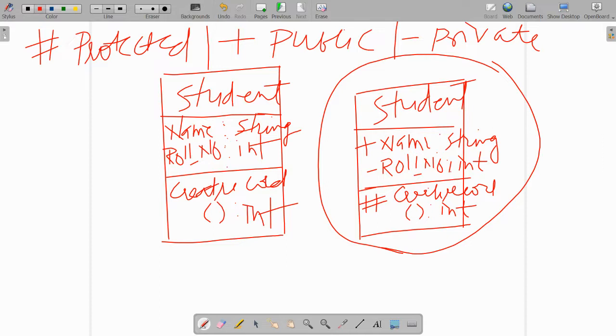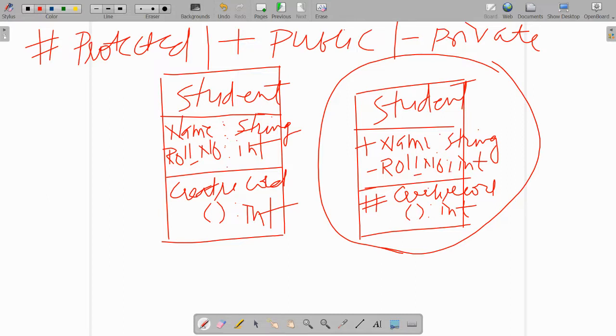So whenever you are developing your software system, you have to handle different relationships between the different classes. For example, if I take a class of a student, there would be a class of a teacher, there would be a class of the non-teaching staff. So there could be a number of classes, and how these classes are related with each other.